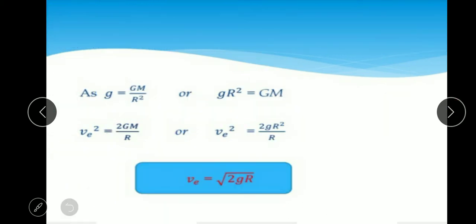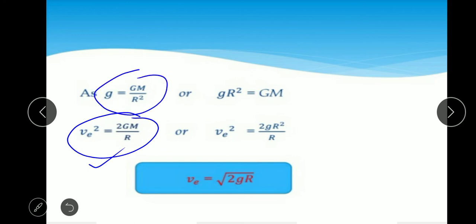Let's move ahead, students. Now we have seen v square is equal to 2GM upon r. Also we have the formula g is equal to GM upon r square. From this formula we have already studied and used this in many derivations.